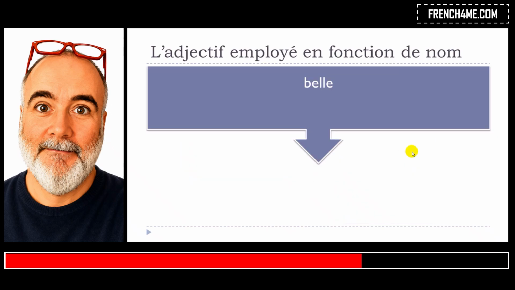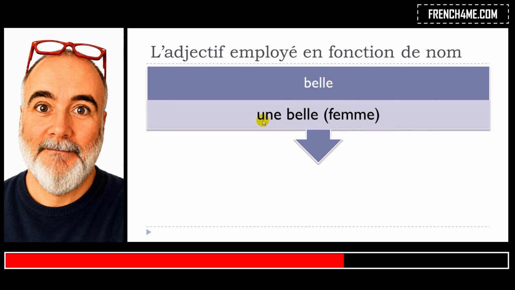So let's see now. For instance, if we take the example of belle, the adjective beautiful in the feminine form, then it's possible to use this as a noun, une belle, so it means a beautiful lady, une belle.